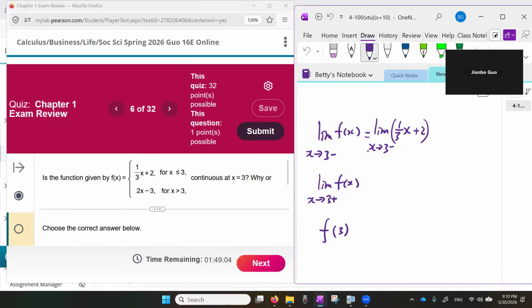When x approaches 3 from the left, x is less than 3, so we use the first piece. And the limit equals simply plugging in x equals 3. 1/3 times 3 is 1. So the limit of the function as x approaches 3 from the left is 3.